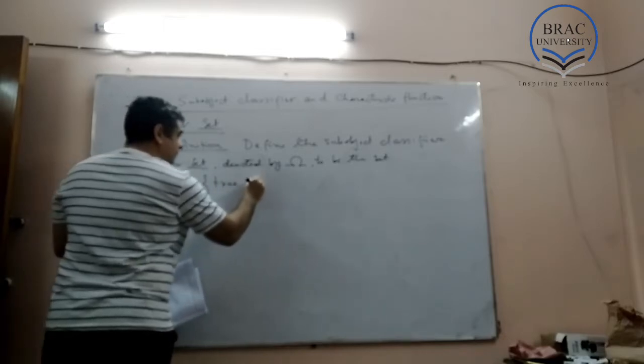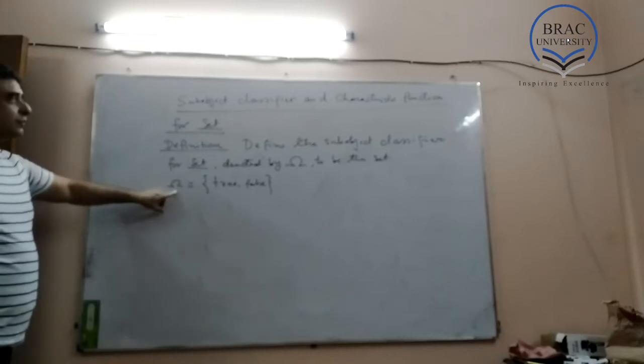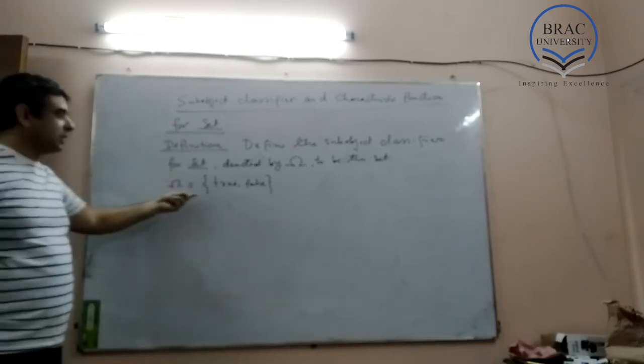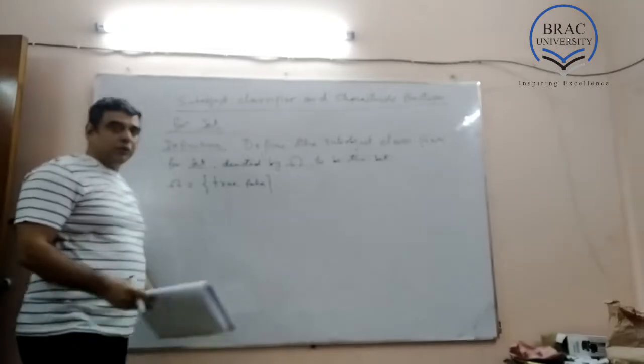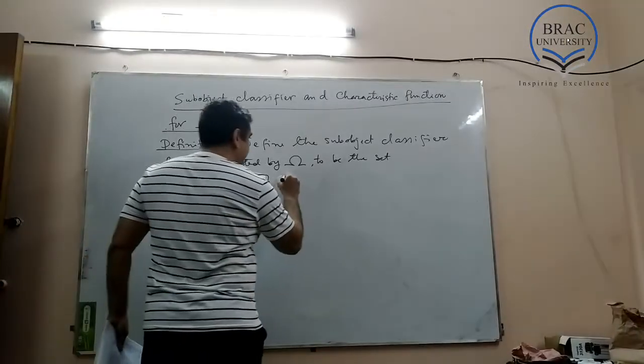True or false. So omega, the subobject classifier for the category of sets, is just a set with two elements in it. One is true, another one is false. Together with the function, it is equipped with the function.